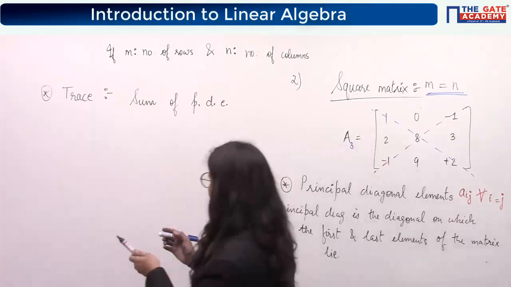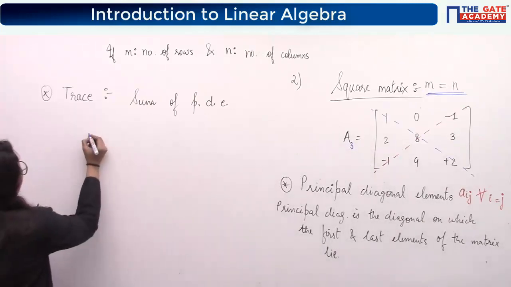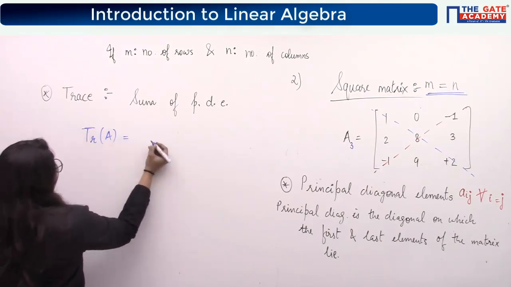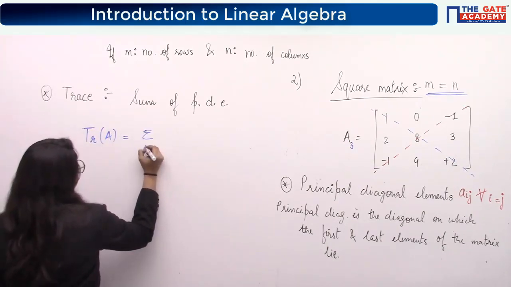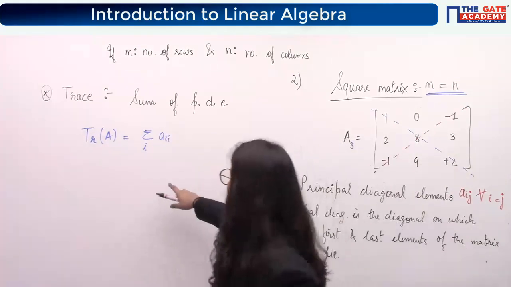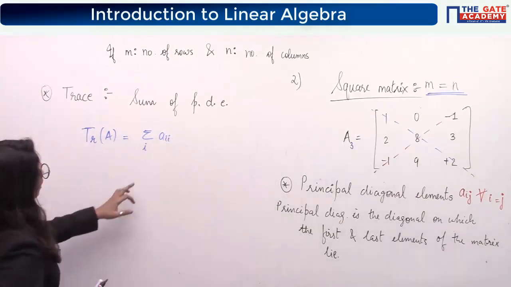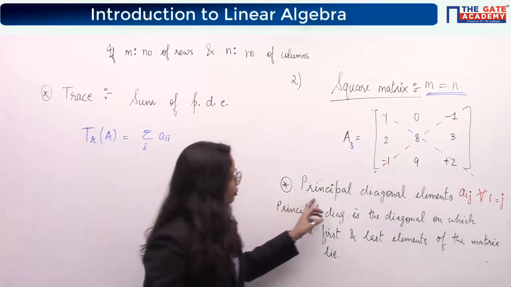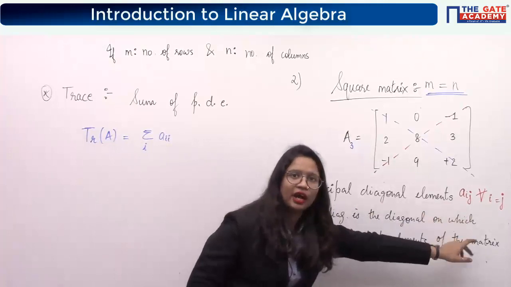This is the sum of principal diagonal elements. This is the representation of trace. Can I write this as summation for all i? Are you okay with it? Can I write like this? Trace of A is nothing but summation of all i. I have told you principal diagonal elements are Aij for all i equal to j.